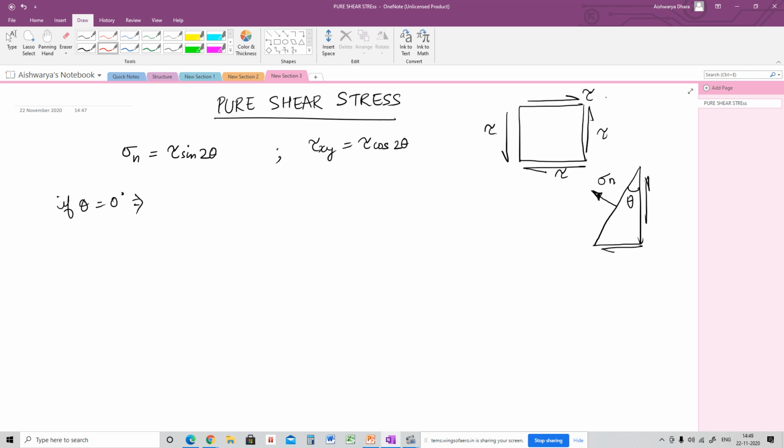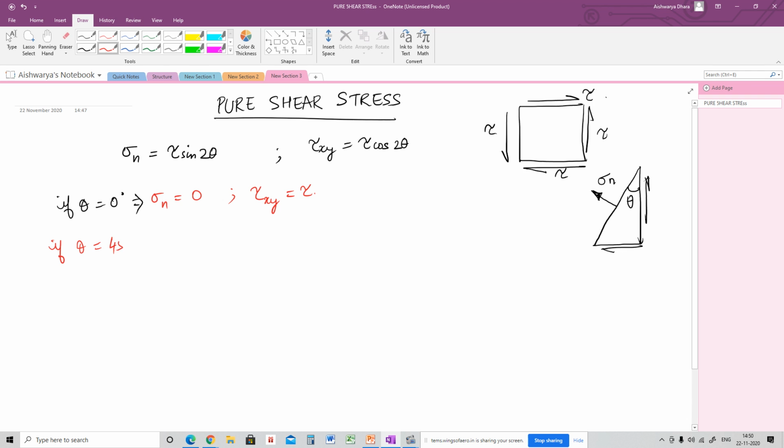Now what will happen here if theta is 0? Sigma n equals 0 and tau xy equals tau.